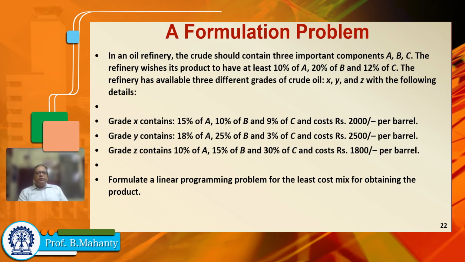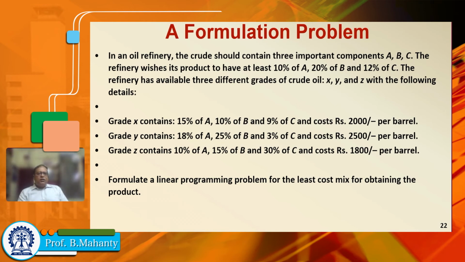Grade X contains 15% A, 10% B, 9% C, and costs 2000 per barrel. Grade Y contains 18% of A, 25% of B, and 3% of C, and it costs something. And the same thing about grade Z, which has various values. So first of all, it's a blending problem, because how do we blend X, Y, and Z in which proportion?